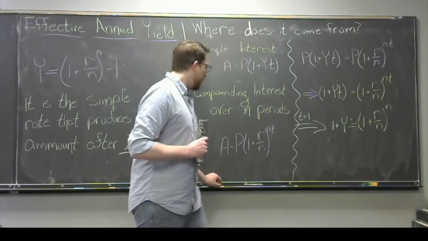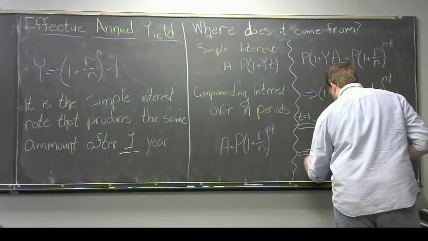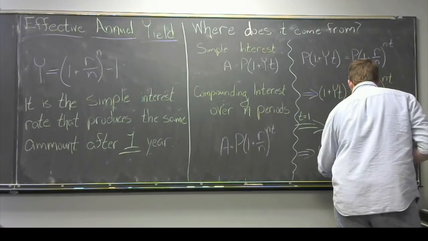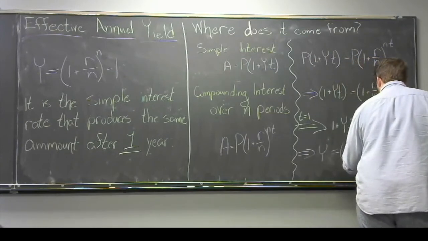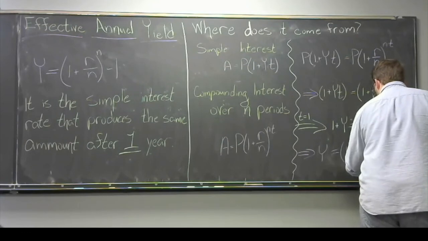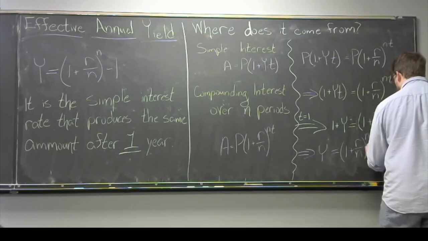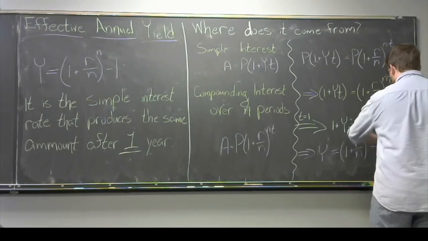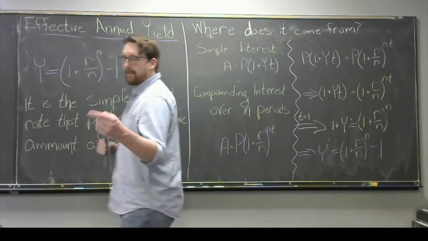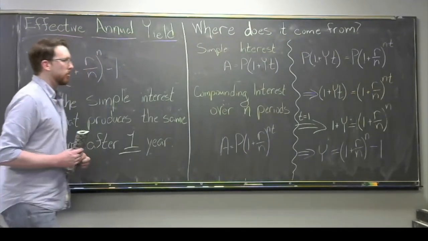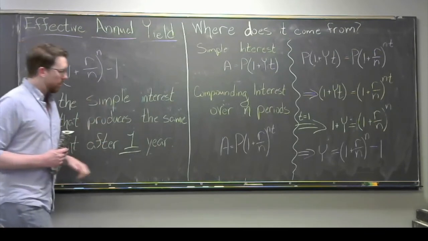When we do that, we end up with y is equal to 1 plus our compounding interest rate divided by the periods, that entire quantity raised to the n power, minus 1, is equal to the yearly simple rate. And that's how they found this.